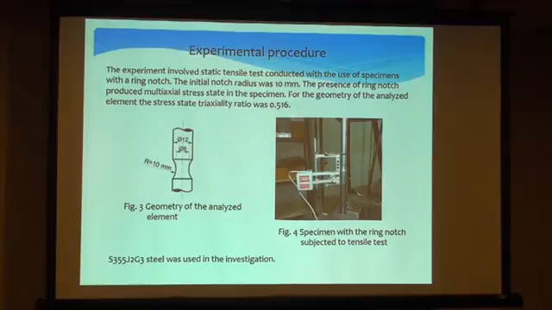S355 steel was used in the investigation because of its wide use in engineering. Here we have the specimen subjected to tension. Force and elongation were monitored during the test. The test was performed up to failure.